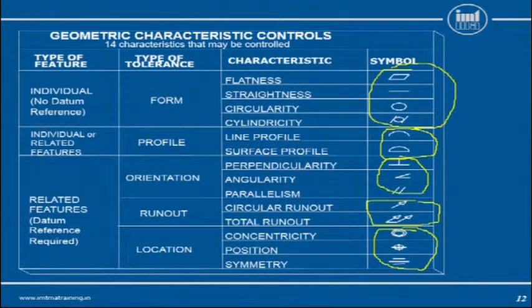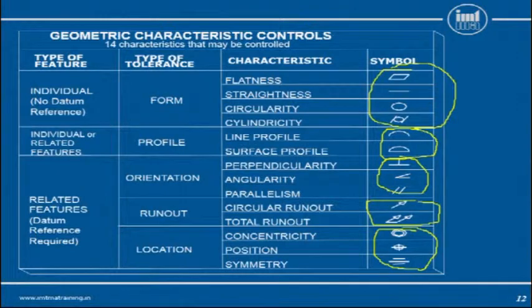If they are used without datums, they act more like a form control, and if they are used with datums, they act more like a location control. So this is in short a brief description about the 14 main parameters available under the GD&T spectrum, and the groups are form, orientation, location, runout, then profile.